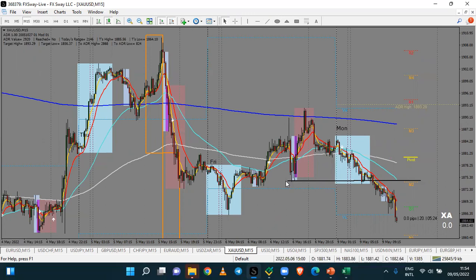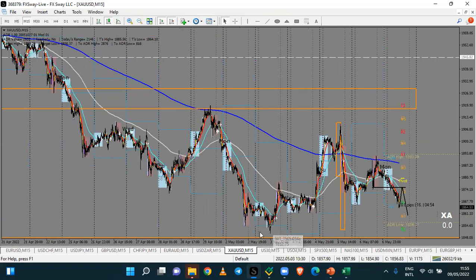The low of New York session should be here. So I should expect price to come and bounce at this point and then continue down, because we're still seeking to find this low here for now. So if you were to take a trade, that's the best trade to take for today.